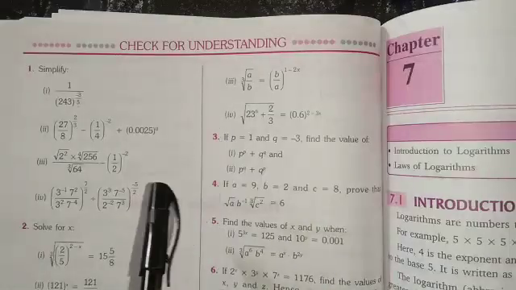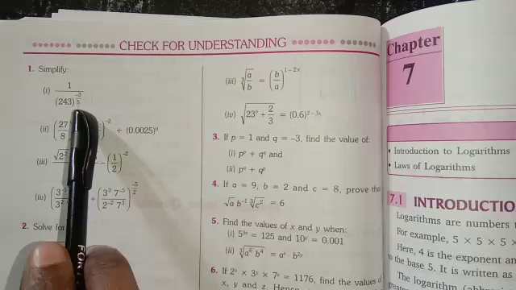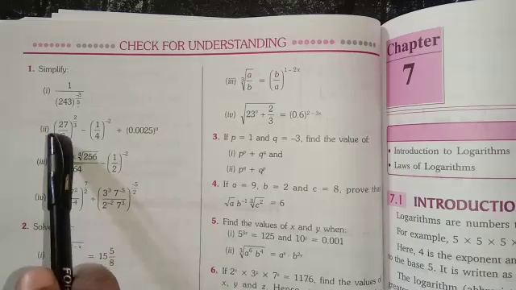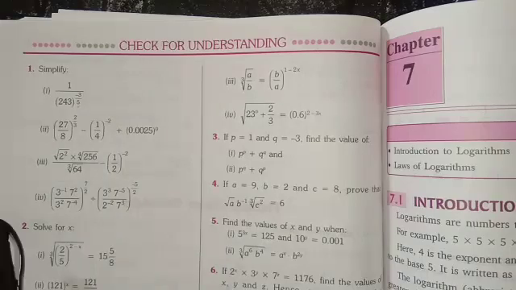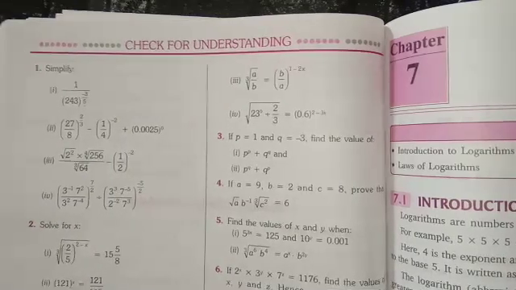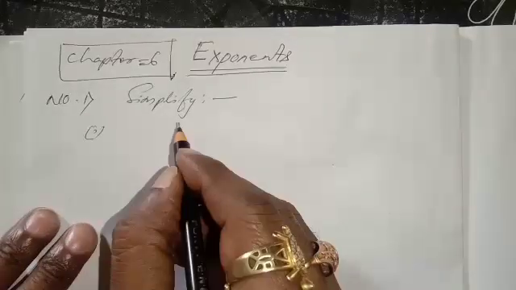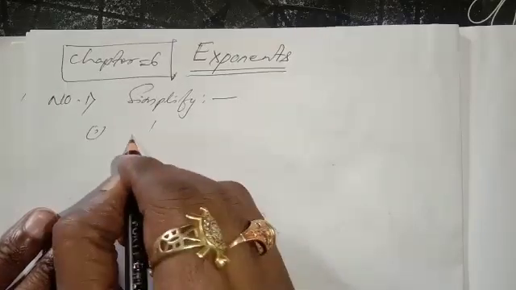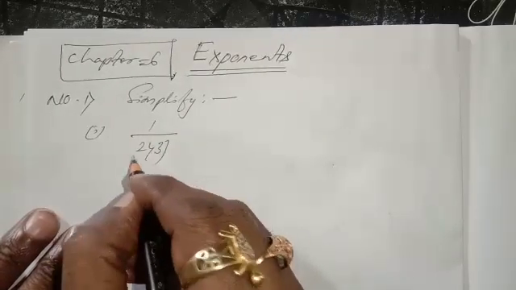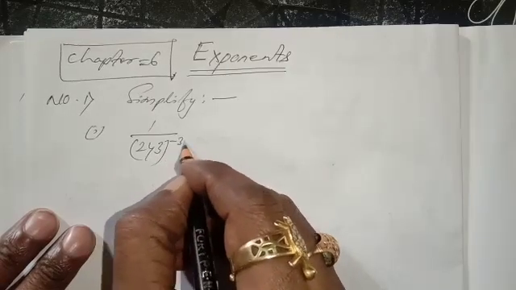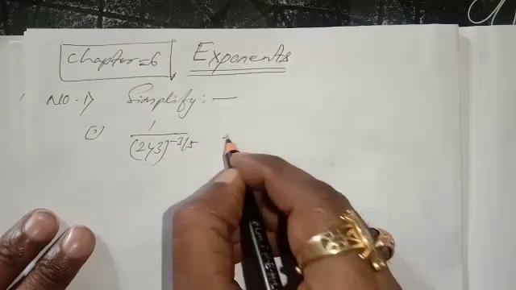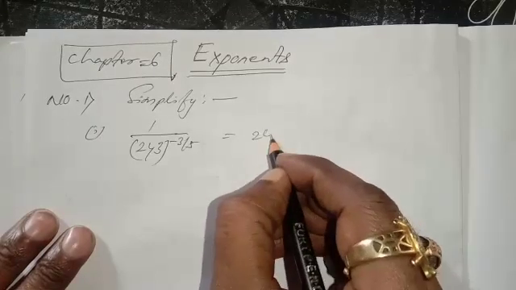Chapter name is exponent. Number 1, you have to simplify. First part: 1 by 243 whole to the power minus 3 by 5. You take it off, this will be 243.